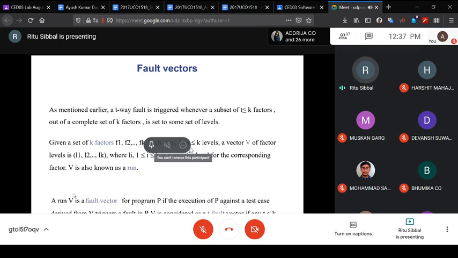So अगर run में जो values हैं, उसमें से अगर कोई test case derive होता है और वो fault देता है, then we call that this run V is a fault vector. तो run तो एक generic term हो गई, all kinds of factor levels की combination के, लेकिन उसमें से जो run, if the test case is derived from that run which causes the triggering of a fault or execution of a fault, then we call that a fault vector.